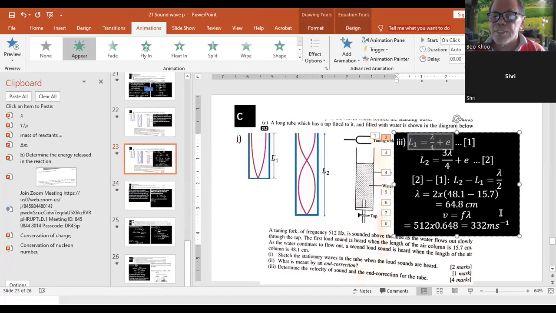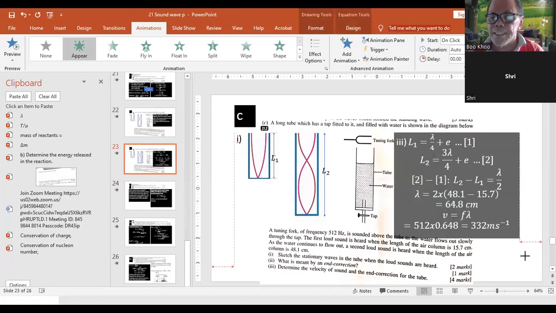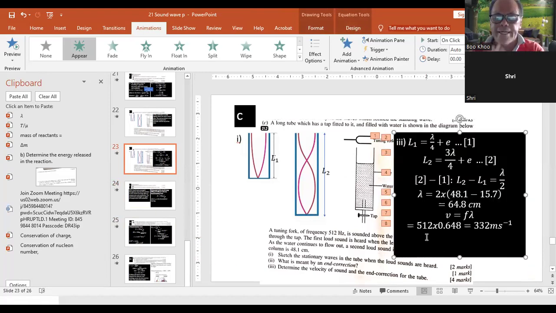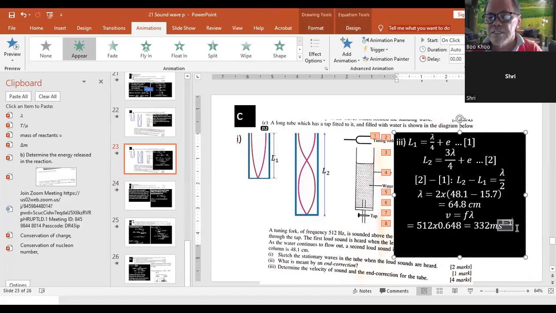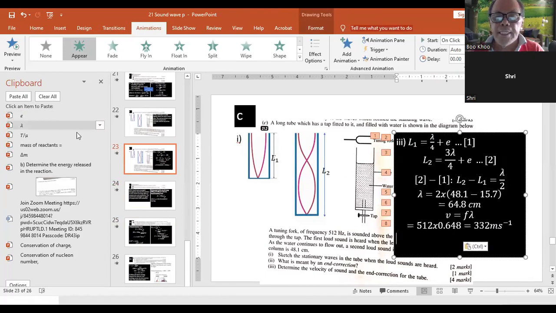So end correction, we just use, sorry about that. We need to calculate the end correction also. E equals, I can use L1 or L2, doesn't matter.